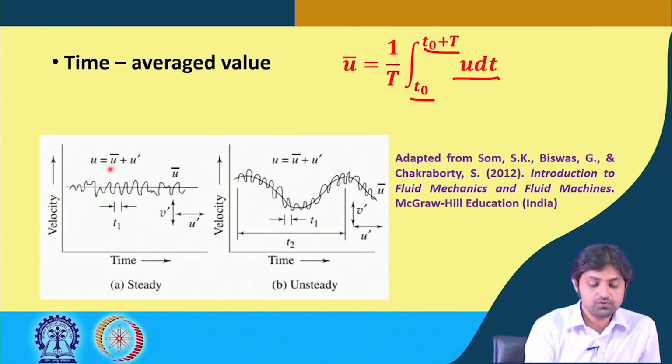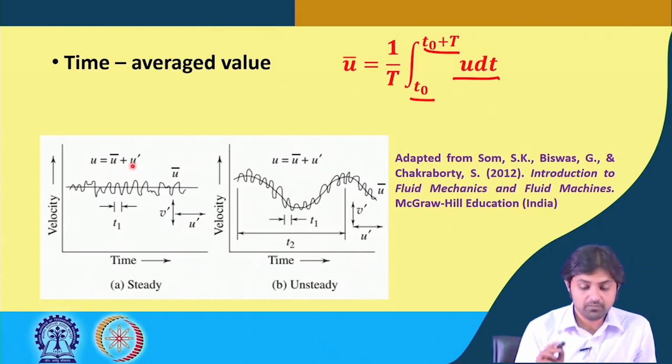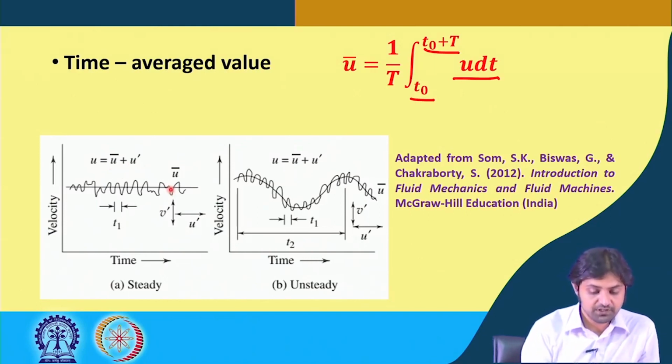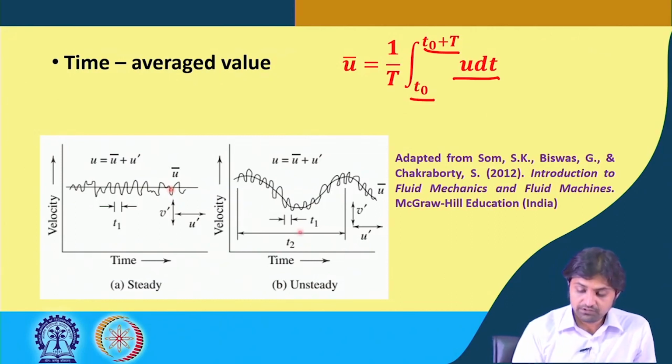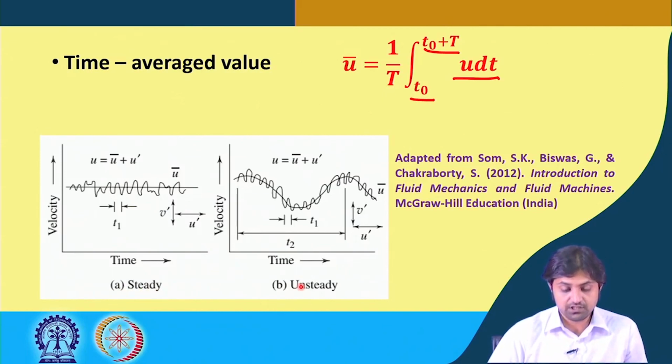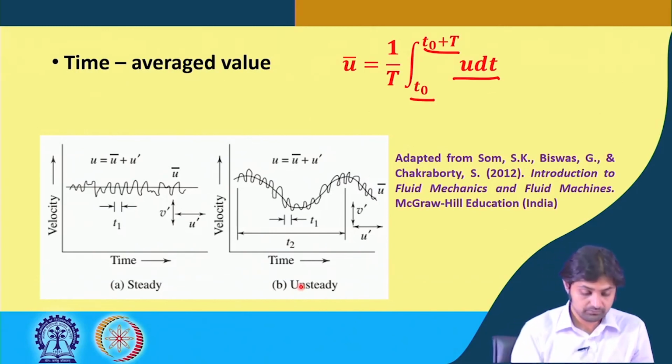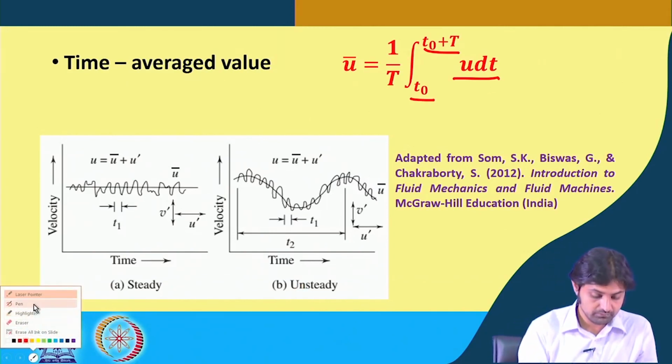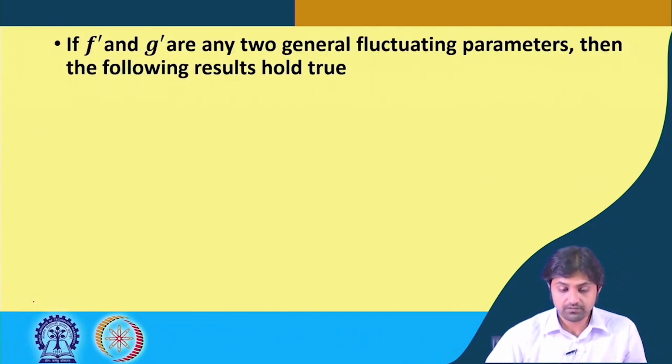Therefore u is u bar plus u prime. If we consider this point, then the fluctuation is in the other direction. This is steady, and this is unsteady, it is changing in time.